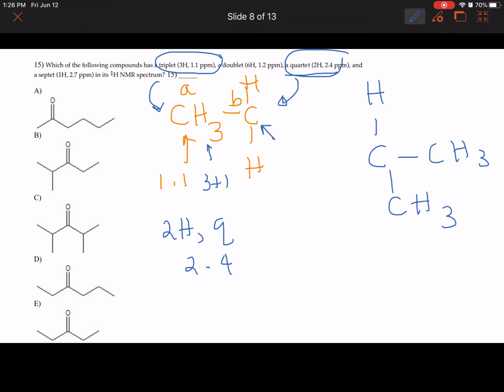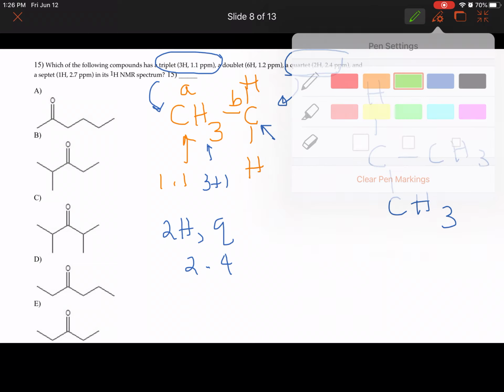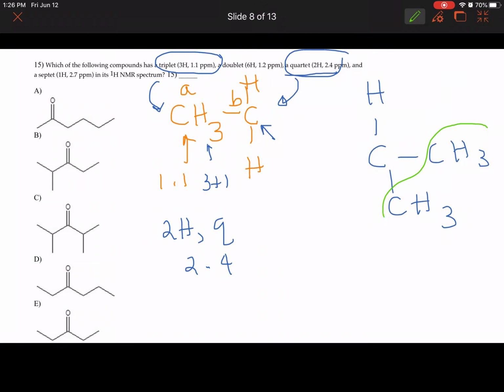So that tells us these 6 hydrogens on this carbon are going to be a doublet due to this hydrogen. Doublet, N plus 1, N is 1 hydrogen, 1 plus 1, 2. So the 6 hydrogen doublet. And similarly, the 1 hydrogen that we have here is going to be split by the 6 hydrogens on the neighboring carbons.